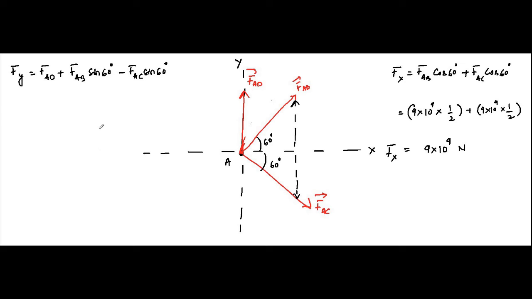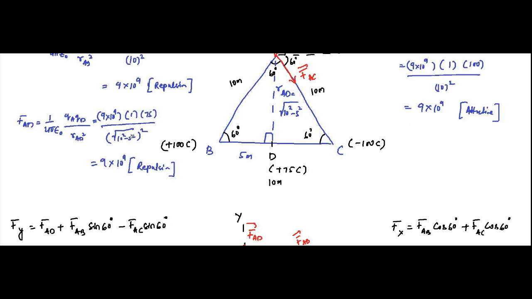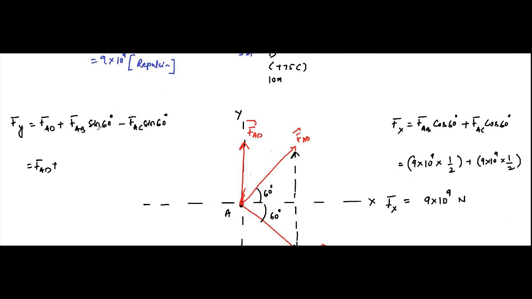So that will be FAD plus FAB and FAC, they are all equal. See here, FAB and FAC are all equal to 9 into 10 to the power 9 Newton, magnitude wise.